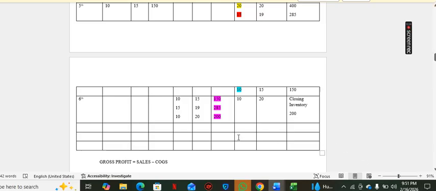That is our cost of goods sold. 1,270 cost of goods sold. That is the first thing we need to get, cost of goods sold.